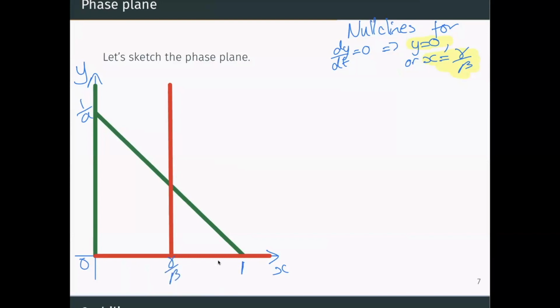We have three equilibria, here, here, and here. And this point here we worked out was gamma over beta and beta minus gamma over alpha beta. Just checking I've written that right.